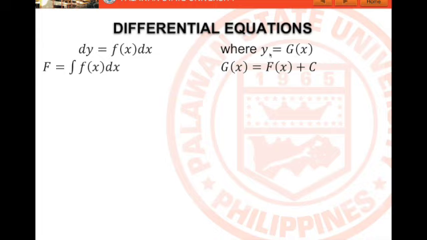Since we put y as g of x, the antiderivative of dy would be g of x, and it is equal to the antiderivative of f of x dx. So we have the solution to our DE as g of x equal to the antiderivative of f of x. Of course, we have the arbitrary constant c.